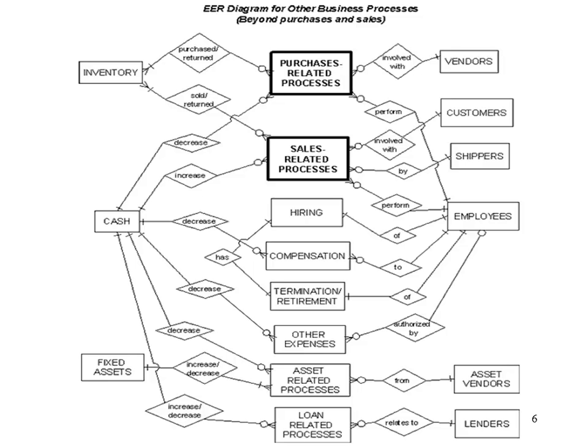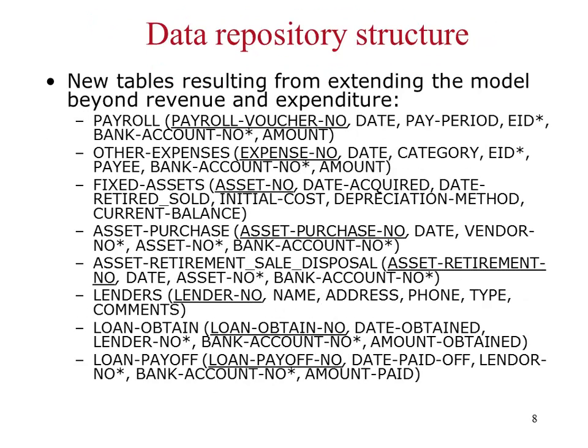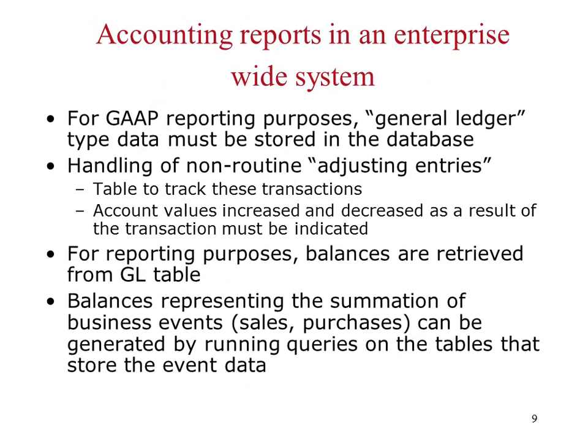So 99% will be captured here, and you will use this to create your reports, but some things like adjustments, or for example you didn't collect money from customers, may go to your other table. And so all those adjusting entries. Then when you create reports, you will use both: information from your AIS, and this table with your non-standard, non-routine transactions. So this is the idea of how you deal with those non-routine things.